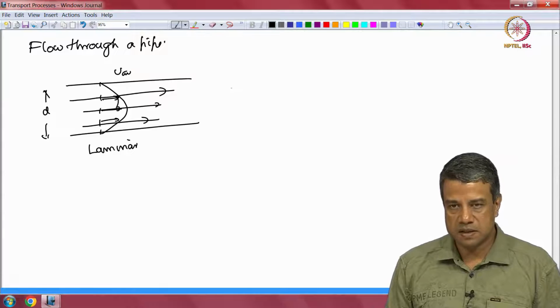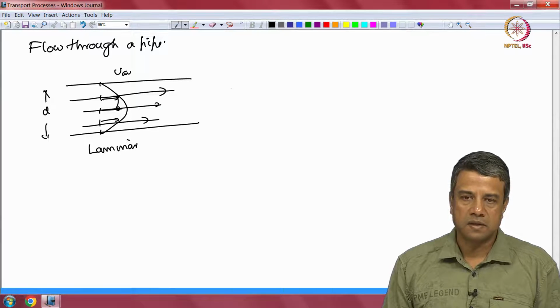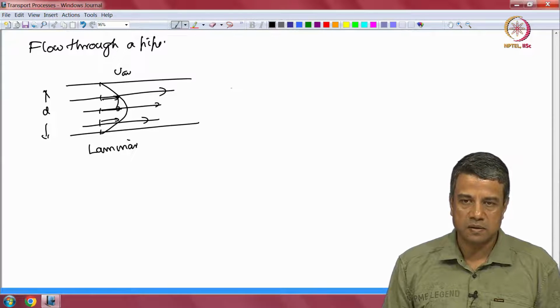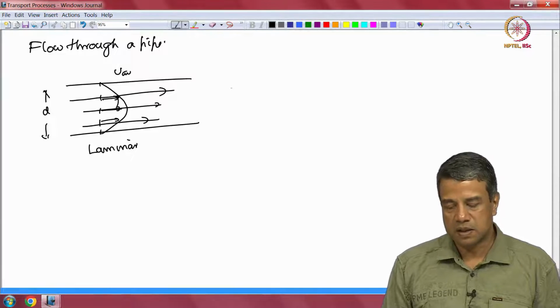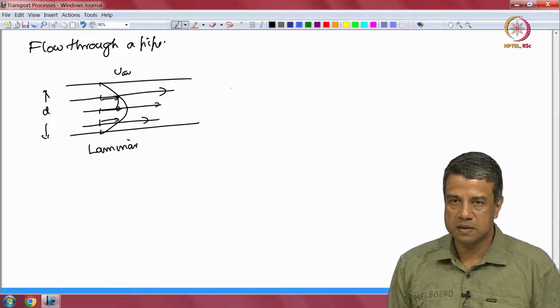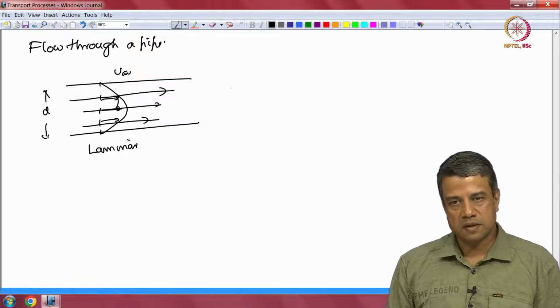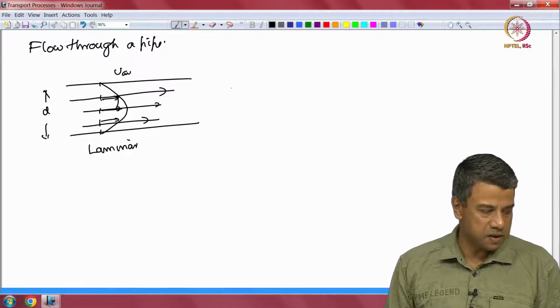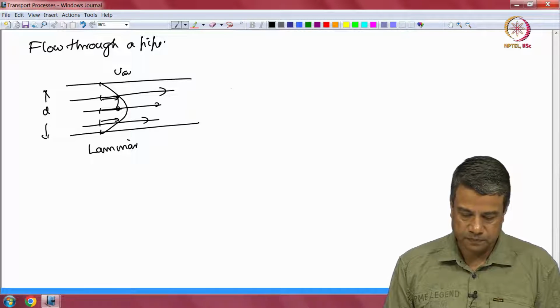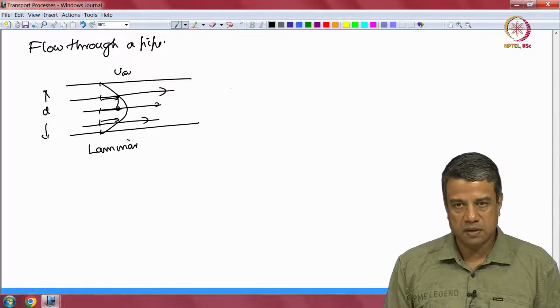The streamlines are straight, and transport across streamlines has to take place only due to diffusion, because there is no velocity in the cross stream direction. So, this is what is called a laminar flow.